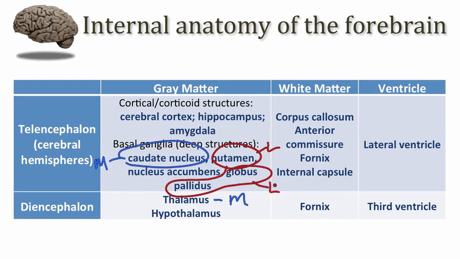Now, what about the nucleus accumbens, you might ask? Where would we find that? Well, the nucleus accumbens is really neither medial nor lateral. I would say it's actually inferior to the internal capsule. And you'll see what I mean when we look through sections of the brain.